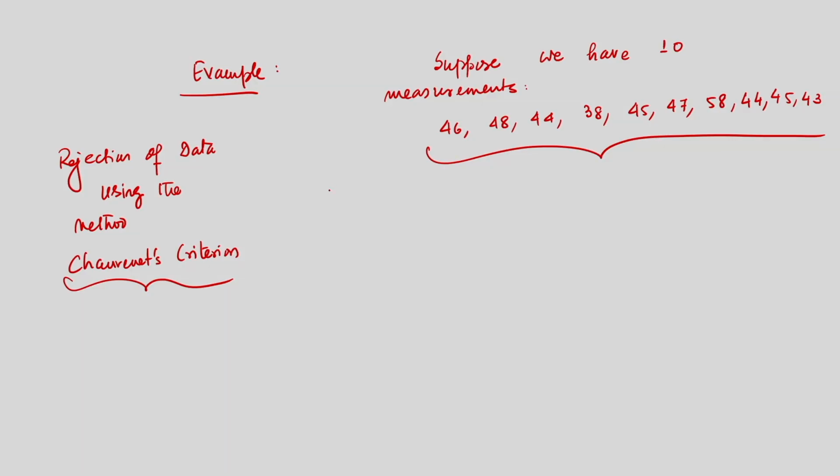So from this data set, 58 and 38 should be rejected.